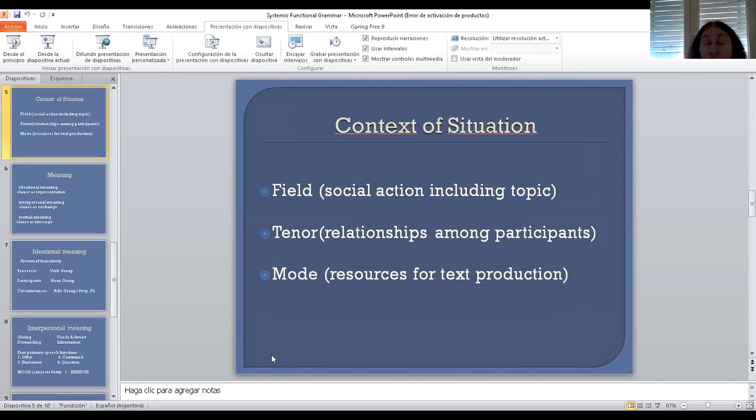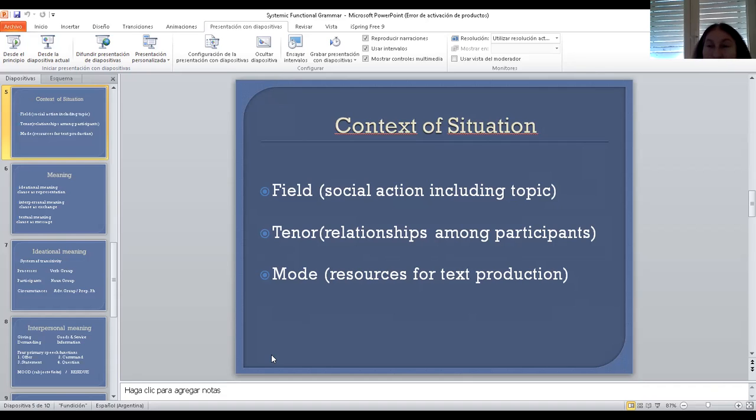Now, if we move on and go deeper into the context of situation, Halliday mentions three elements that should be taken into account, which are field, related to the social action, including the topic; tenor, the relationships among participants; and mode, the resources for text production.